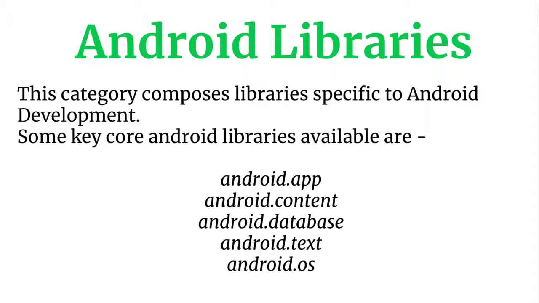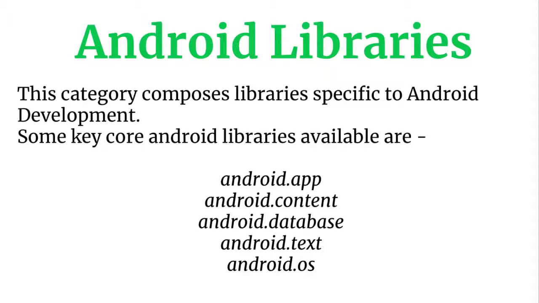Now, when we talk about libraries, we must also know about the Android libraries. This category encompasses those Java-based libraries that are specific to Android development. Some key core Android libraries are, for example, Android.app. This provides access to the application model and is the cornerstone of all Android applications.